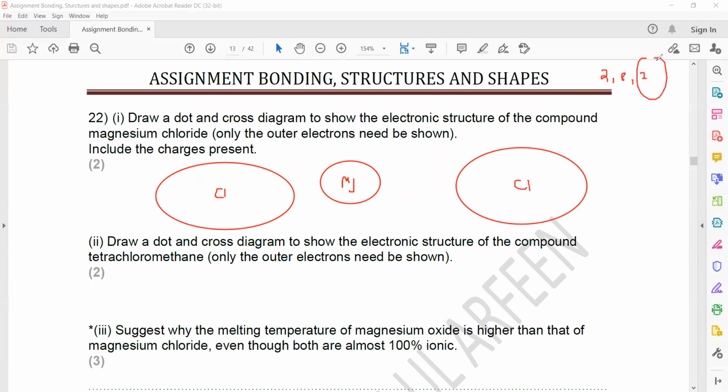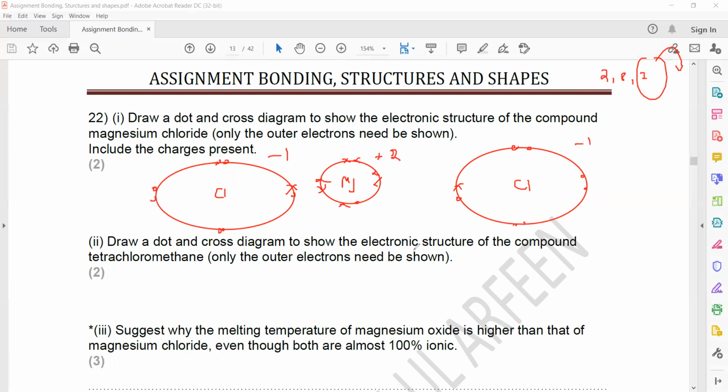Once it loses these two electrons, there are no outer shell electrons in that third shell. The second shell will be the outer one now, so it will have 8 electrons, with a charge of +2. Chlorine belongs to group 7, so it already has 7 electrons in the outermost shell. One it took from magnesium, so this chloride ion will have a negative charge, -1. In the same way, another chloride ion also took one more electron, so this will also have a negative charge.